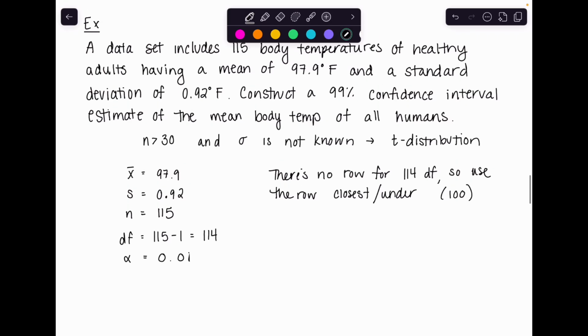And because I'm dealing with a 99% confidence interval, my alpha is 0.01. The area in my two tails is 0.01. Okay. If I wanted just an upper bound with a 99% confidence interval, that's where I'll use the one tail, but we're not going to get complicated like that.